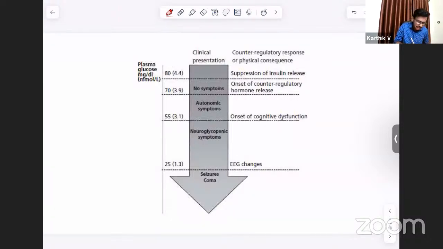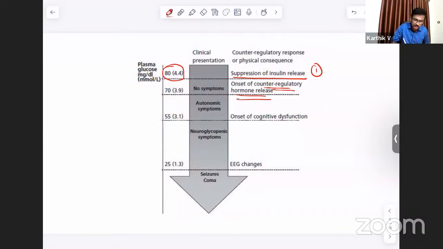The first thing that happens when the blood glucose touches around 80 milligram per deciliter is the suppression of insulin release. You can tell that this is the first line of defense against hypoglycemia. At this time, the patient will not have any significant symptoms. Once the blood glucose falls below 70, there is a surge of counter-regulatory hormones.